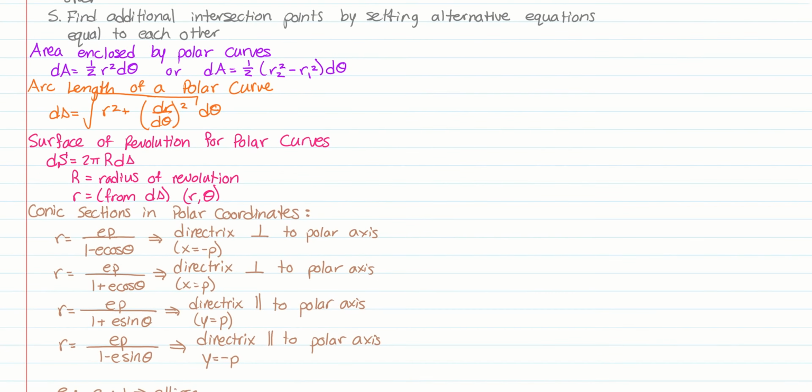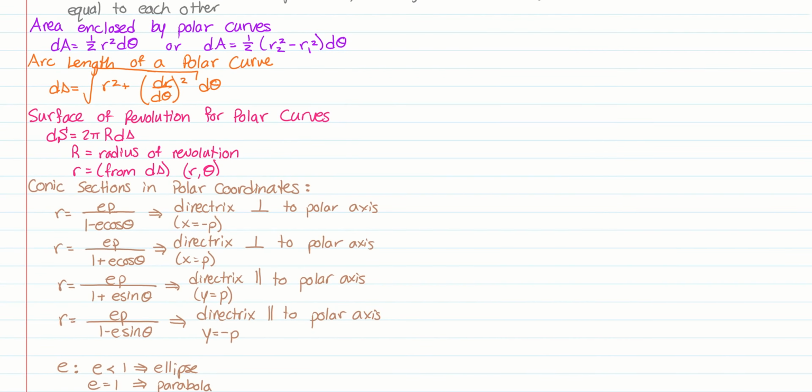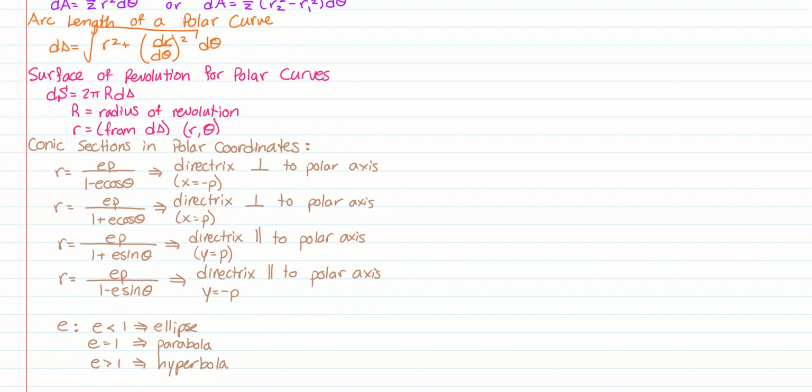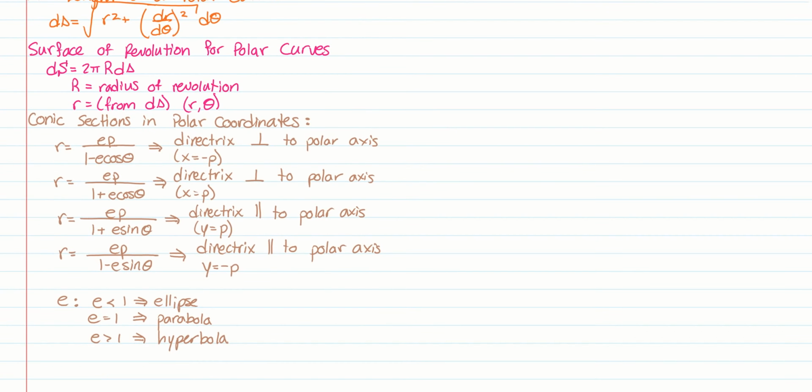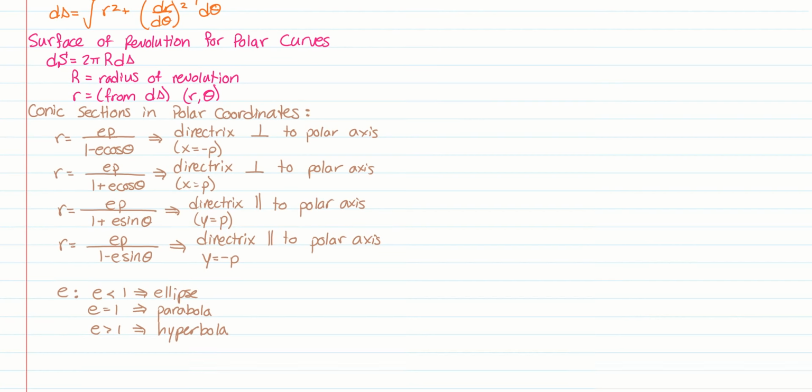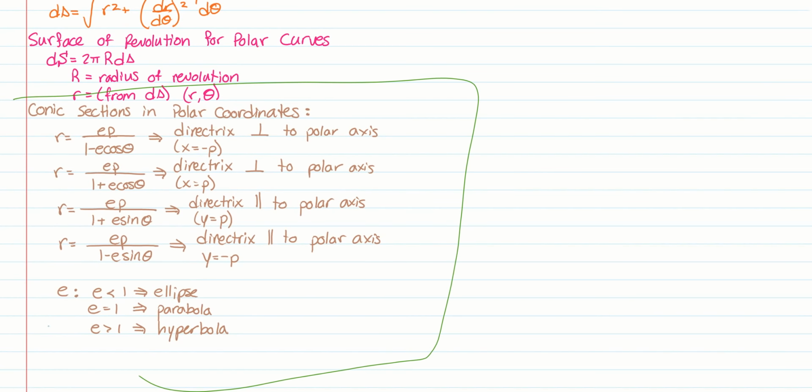Directrix perpendicular to polar axis, x equals negative p. And x equals p. So it's going to be whatever your k is, or your p, wherever you want to call it, wherever that value is. That's going to be your distance. Eccentricity just decides what it's going to be. If it's 1, it's a parabola. Less than 1, it's an ellipse. Greater than 1, hyperbola. So make sure you go over this content because they may ask more than just a parabola.